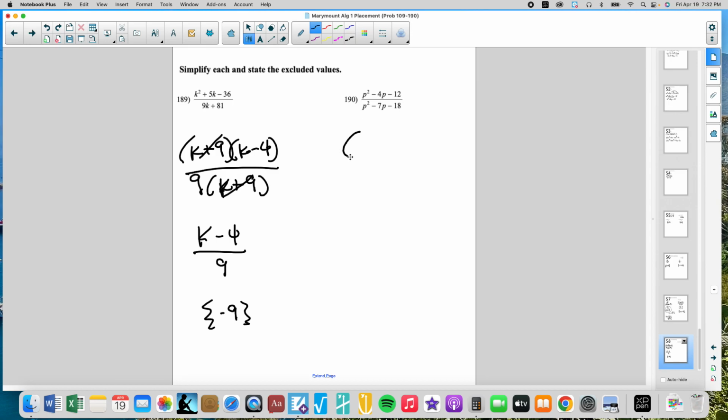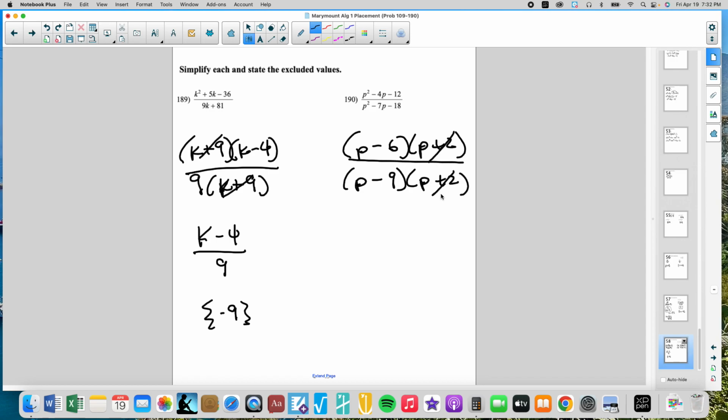We can factor that. That's going to be p minus 6, p plus 2. This is going to be p minus 9, p plus 2.